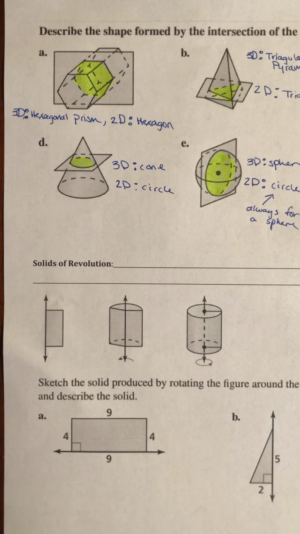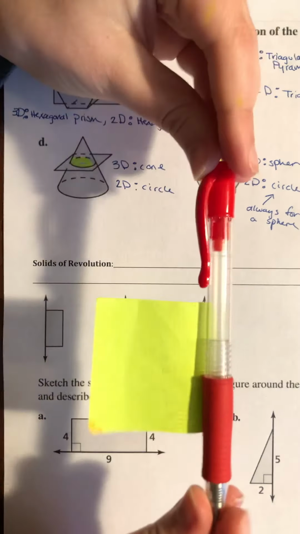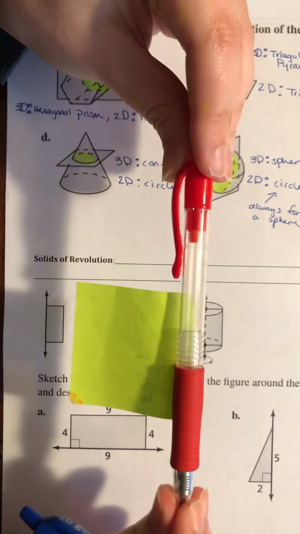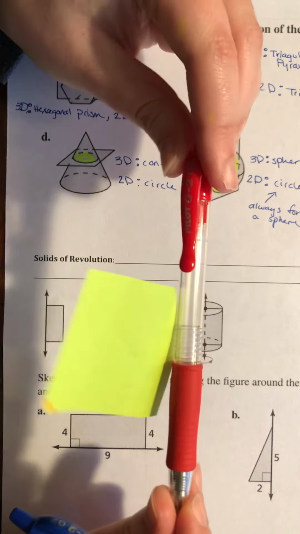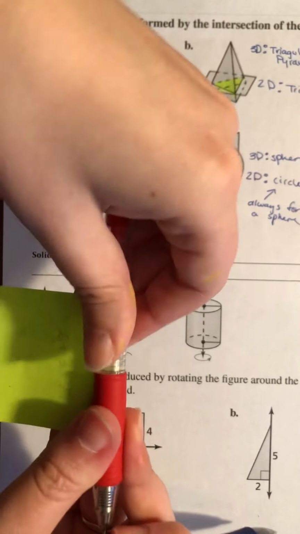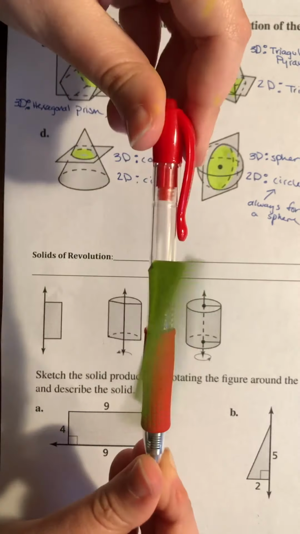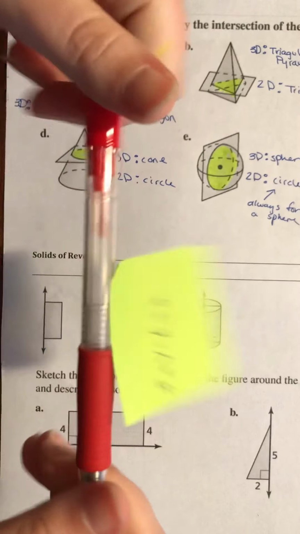So let's say I have this square that I've put on this axis of revolution. If I was to spin it, what kind of shape does it create?